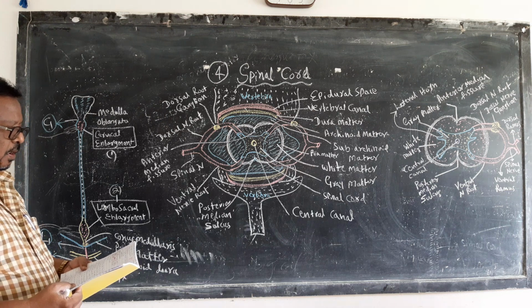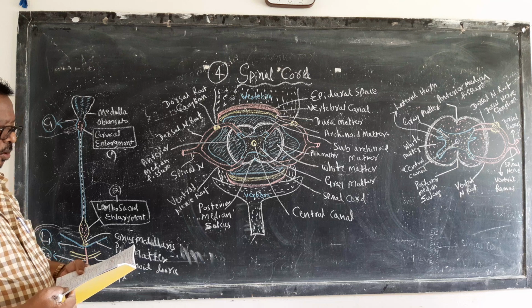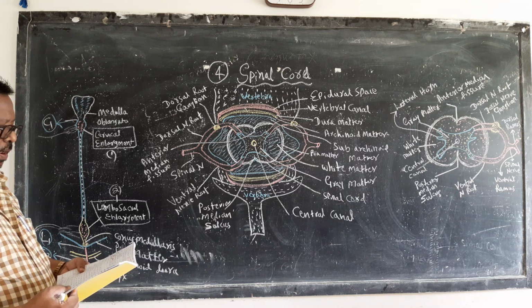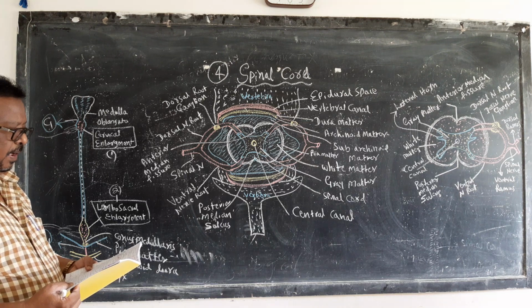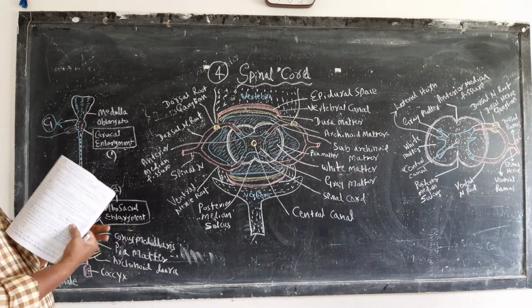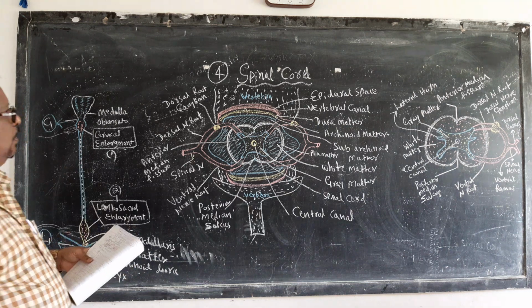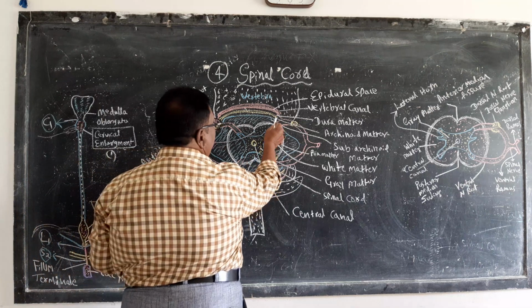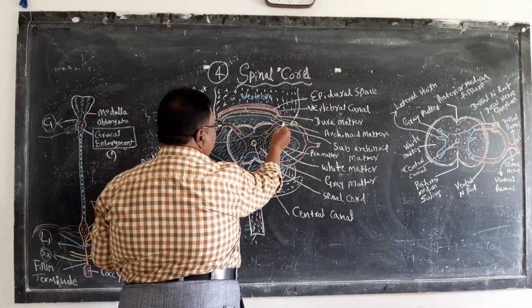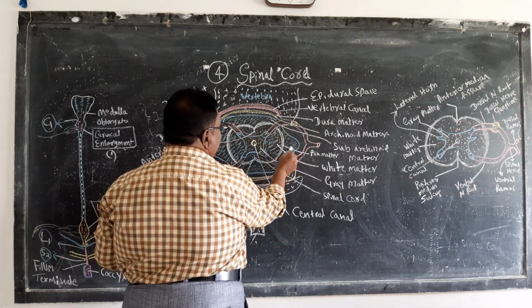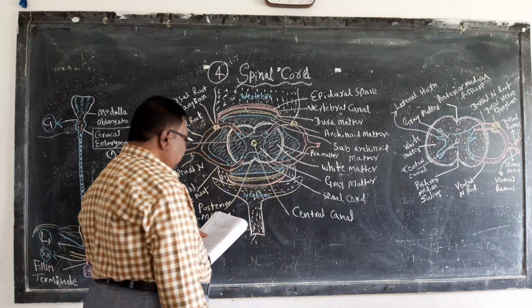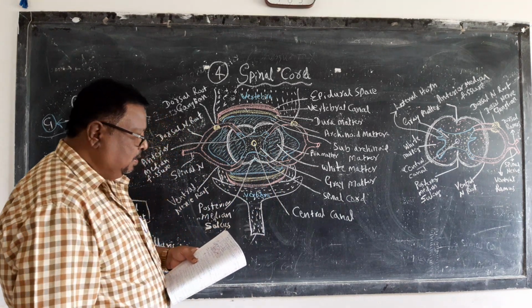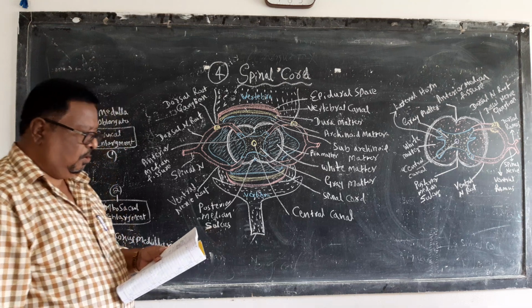The three meninges are the outer dura mater, the middle arachnoid mater, and the inner pia mater. So three layers are present on the spinal cord.